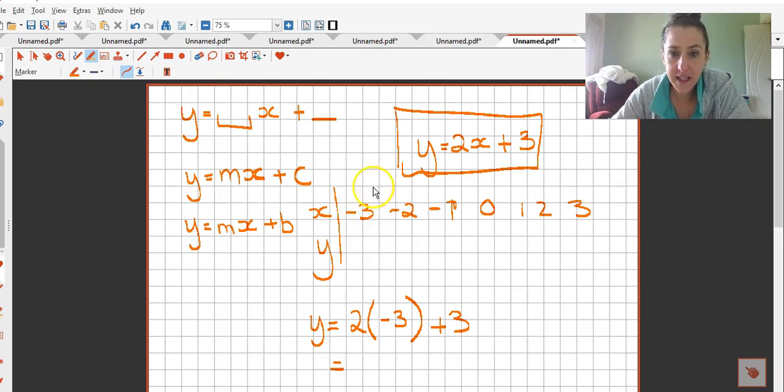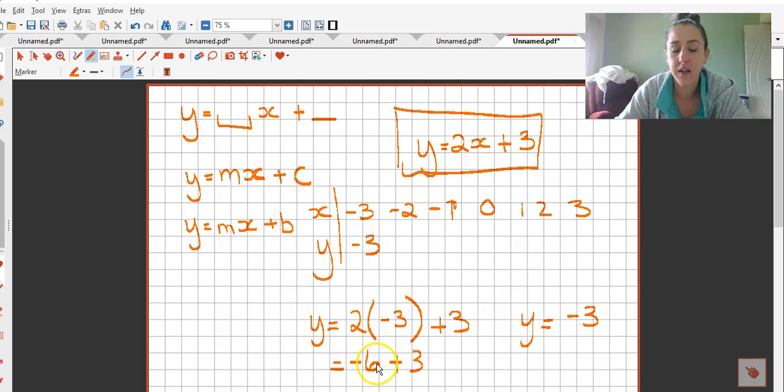I've just taken that x value and plugged it into my equation of my straight line. So 2 times -3 is -6, plus 3, so -6 plus 3 is going to be -3.